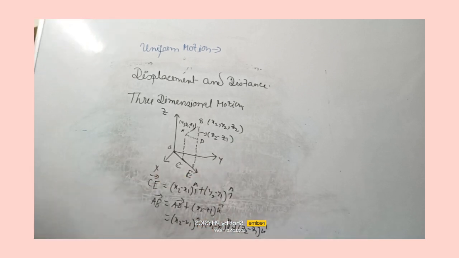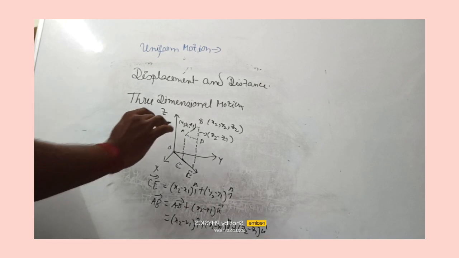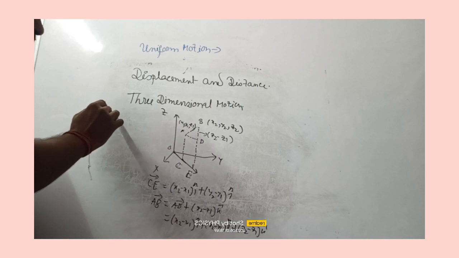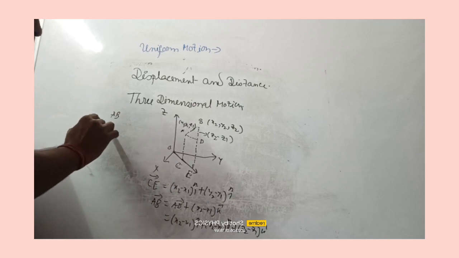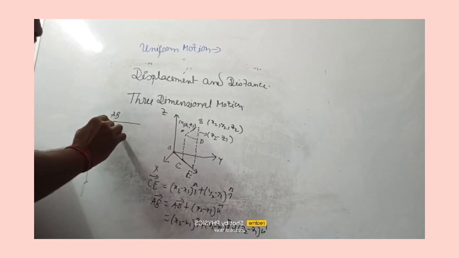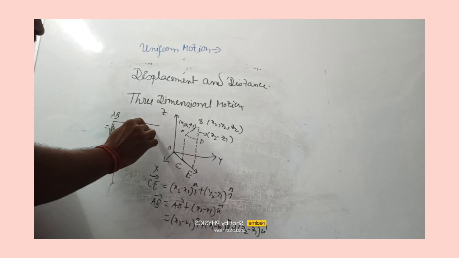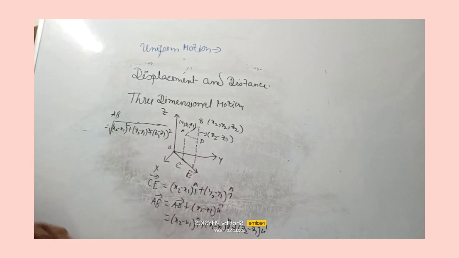That is AB. Now this will give us the displacement of the particle. And what is the magnitude, that is the distance? AB is equal to under root of x2 minus x1 whole square plus y2 minus y1 whole square plus z2 minus z1 whole square. That will give the distance.